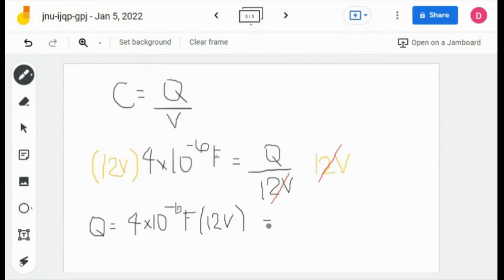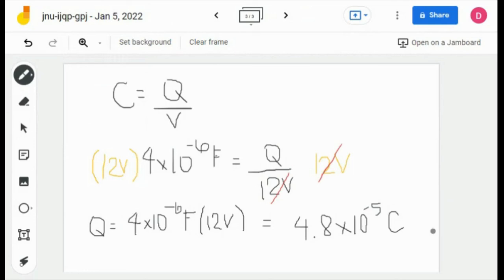And that will give us a value of 4.8 times 10 to the negative 5 coulombs.